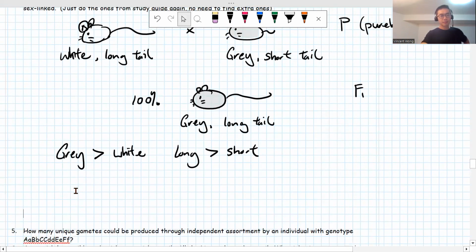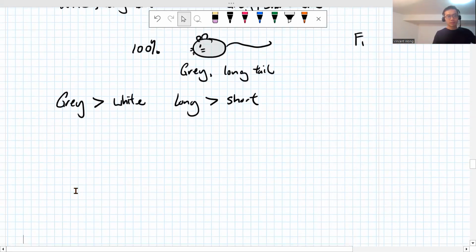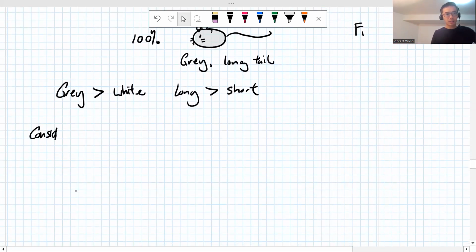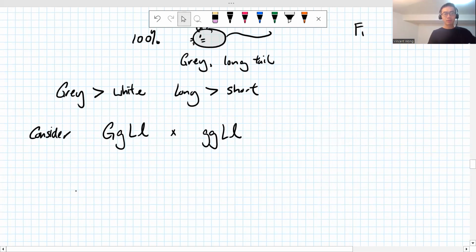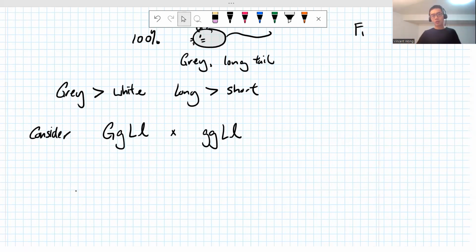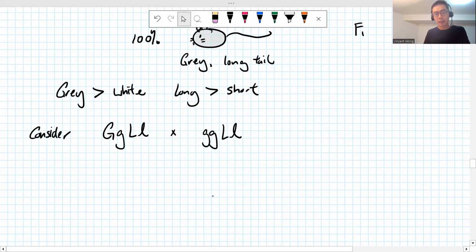Okay, so let's say we have the same mouse here, but let's consider big G, small g, big L, small l, cross with small g, small g, and big L, small l. Okay, so I'm going to give you a moment to figure this out. Do the Punnett square. And let's say we have, I don't know, 100.